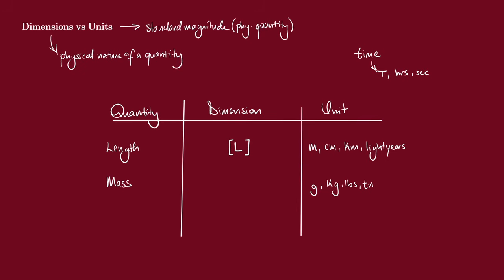So these are different ways to sample mass, but the dimension for mass will always remain a capital letter M. And lastly, for time, as we covered before, you've got seconds, hours, minutes, etc., but the dimension for this is always going to be time.